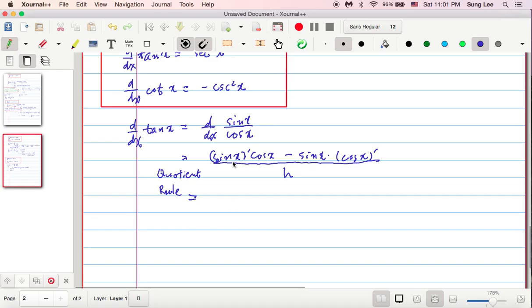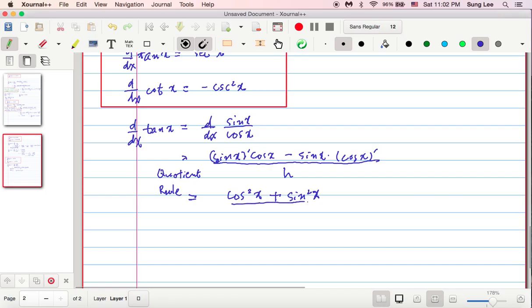So sine of x prime is cosine of x. So I have cosine squared x. Cosine of x times cosine of x. So cosine squared x minus sine of x times cosine of x prime, which is negative sine of x. So with this negative 1, it becomes positive sine squared x, right?